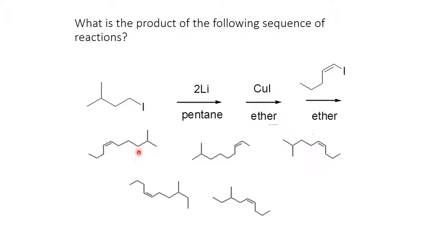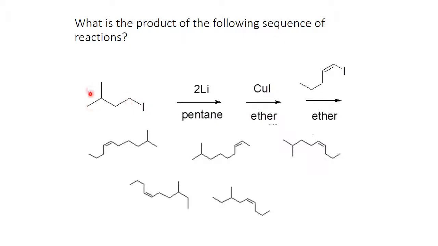If I look at this one, you can see there's 3 carbons, 1, 2, 3, 4, and then you've got 2 carbons attached. Here you've got 1, 2, 3, and then 2 carbons attached. Let's see what we've got over here. We would have 1, 2, 3, and then 2 carbons attached.